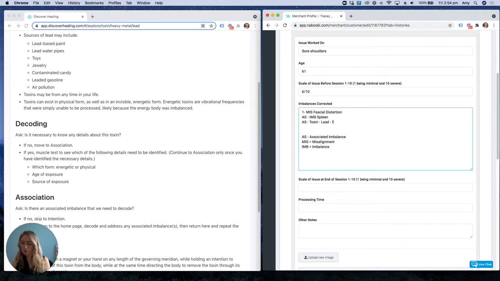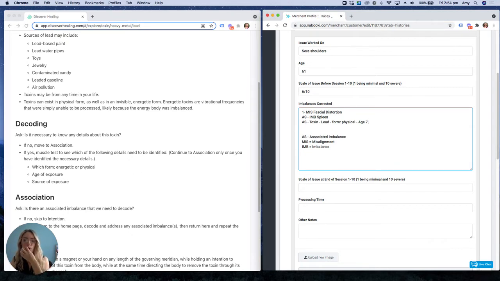Okay, so the form of this toxin is physical. So this was something from when Tracy was age 7.